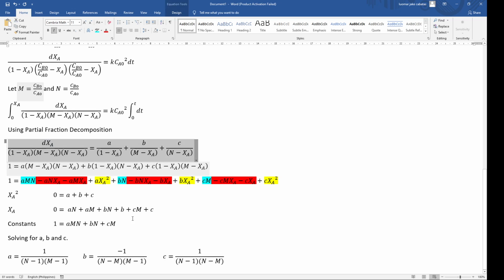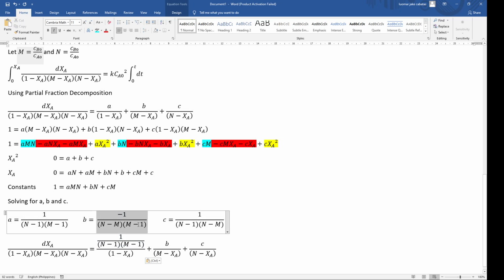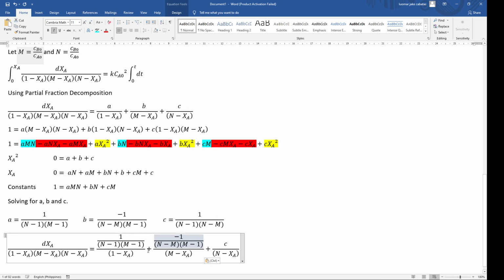So substitute all of those into this. For A, we have that. For B, we have that. Since -1, so kung walang negative, change that. And for C, we have that.